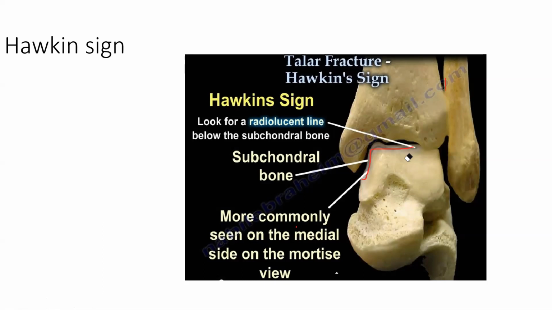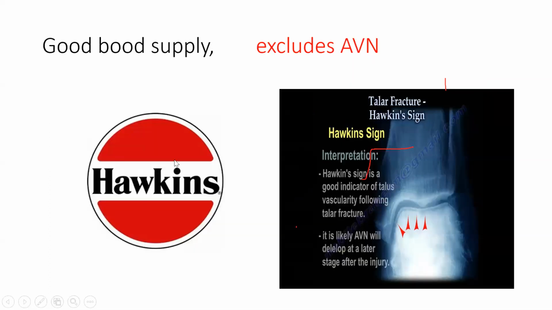So Hawkins is a good sign; if you find it, there is no problem of vascularity. I derived a mnemonic for the Hawkins sign: Hawkins is always a good sign. So it's a good sign that you don't have to worry about AVN. Hawkins sign is for talus fracture.